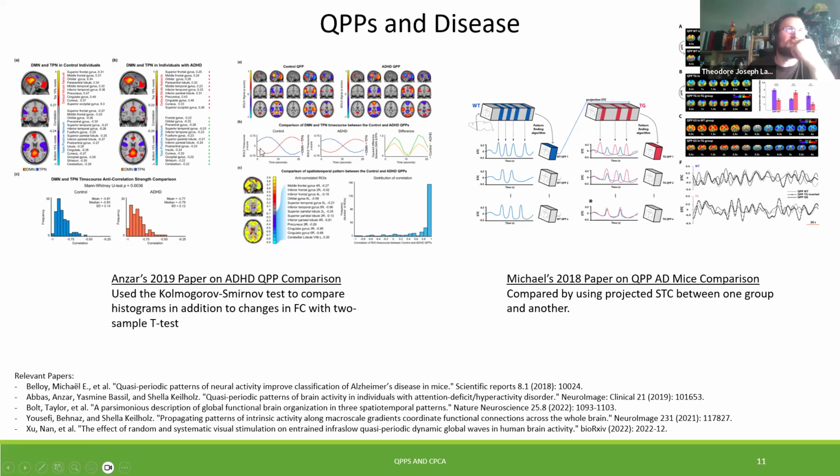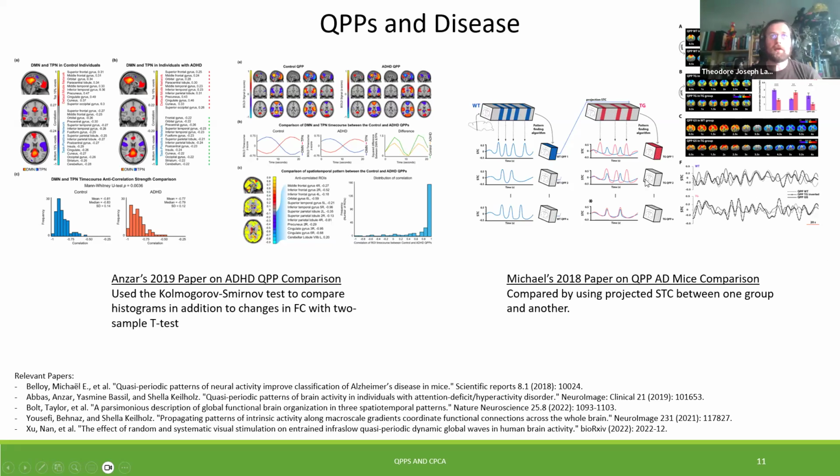They were able to compare between the 2 groups using the differences between the magnitude of the QPPs, showing that there is a significant difference between people with ADHD and control, giving us a lower hanging fruit for a biomarker of ADHD. Since this is a global signal throughout the whole brain, we think that there is some coordination deficit happening within this disease, and QPPs might be a great way to differentiate that.